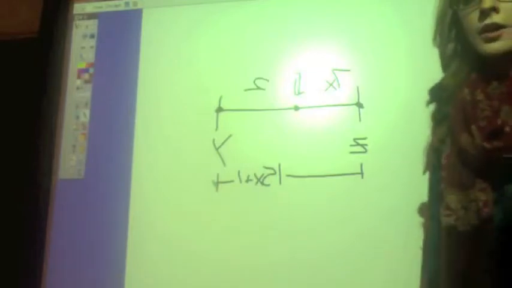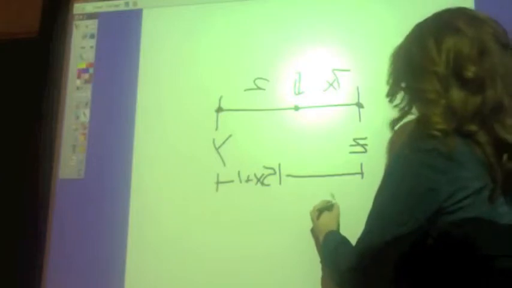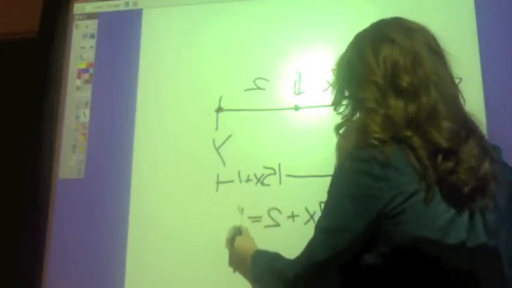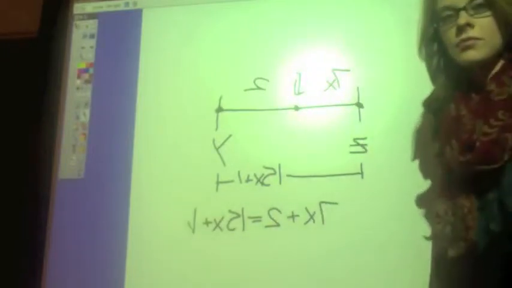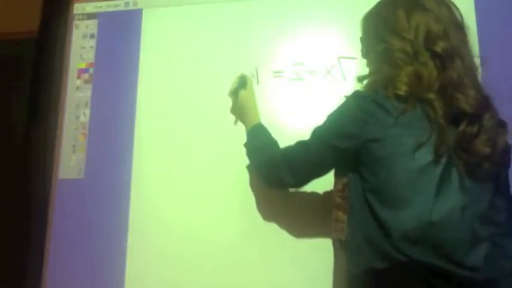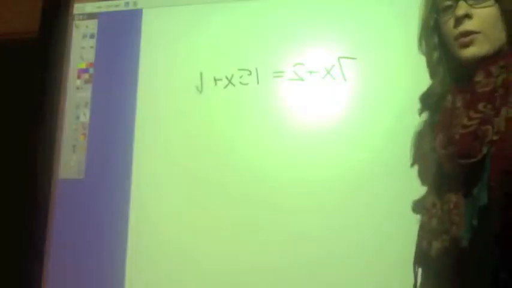So to use our segment addition postulate, we would add 7x plus 2 is equal to 15x plus 1. From here, we solve an equation.